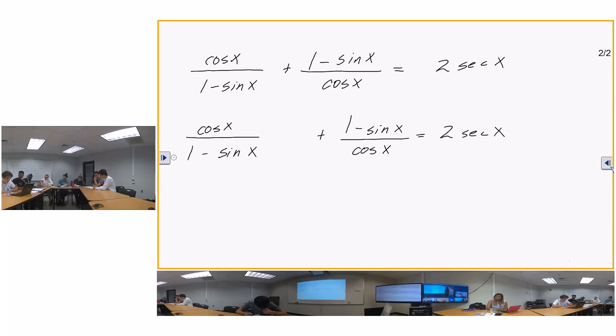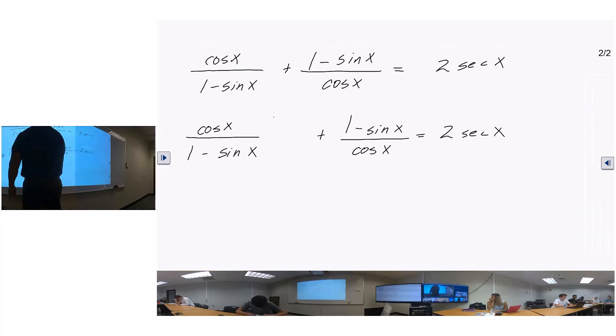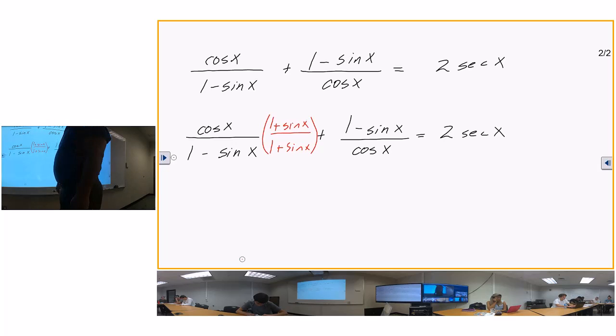So what's the conjugate of the denominator? 1 plus the sine of x. Okay?